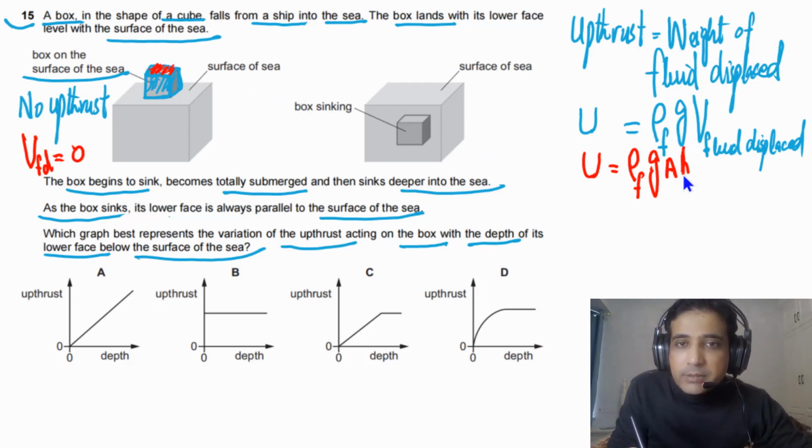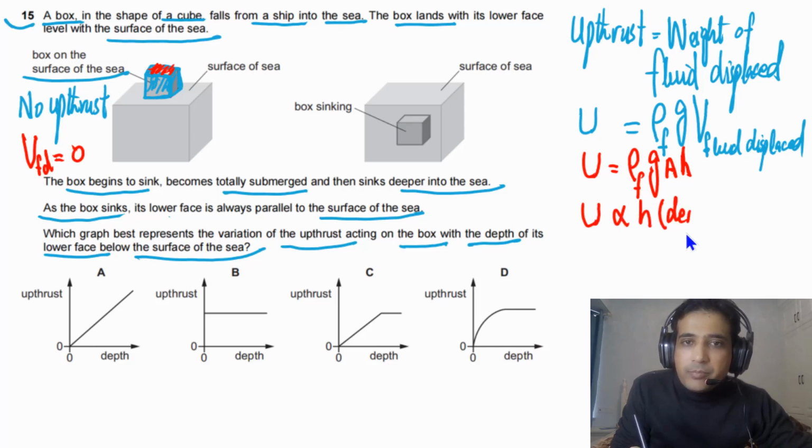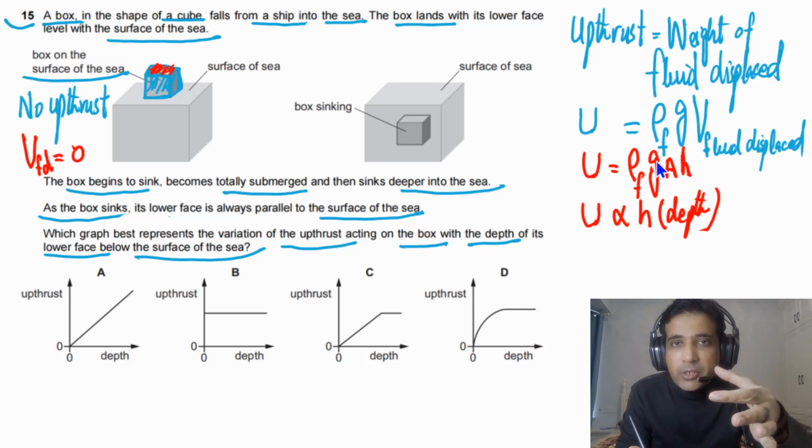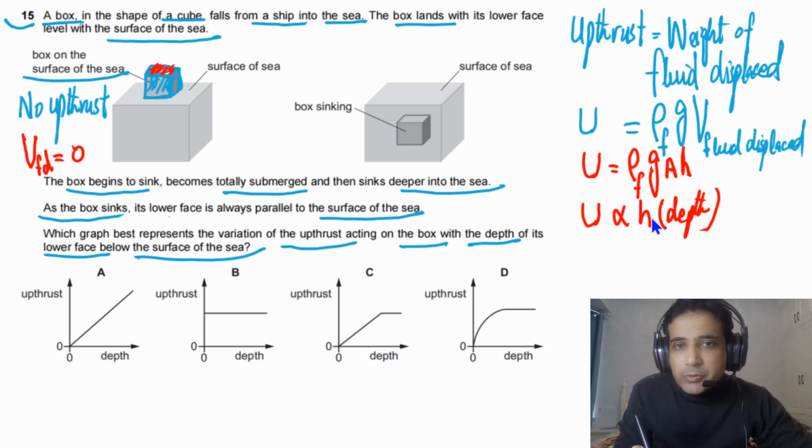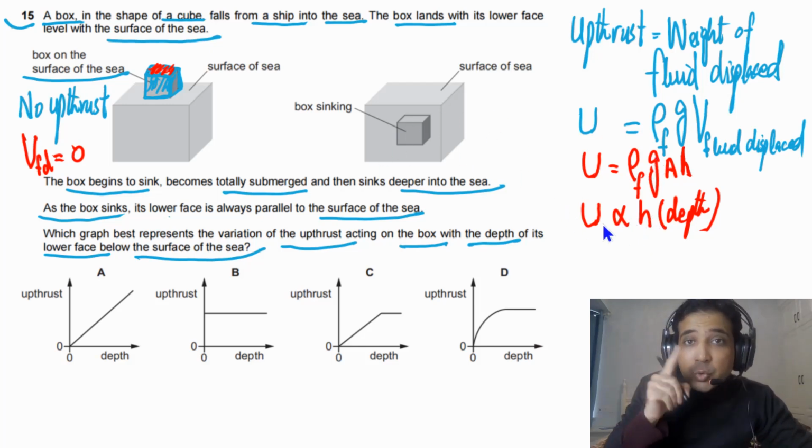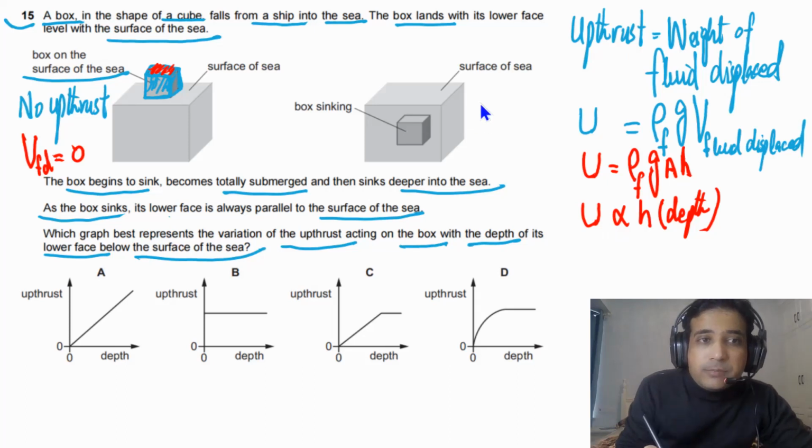So from here you can say U is directly proportional to h, which means it is directly proportional to depth, because the density of the fluid is constant, g is constant, and the cross-sectional area of the cube is also constant. Upthrust will go on increasing until the box is fully submerged, which means it is inside the water.